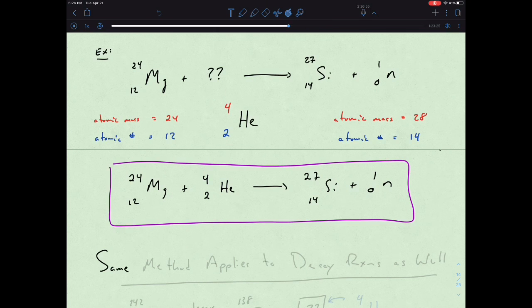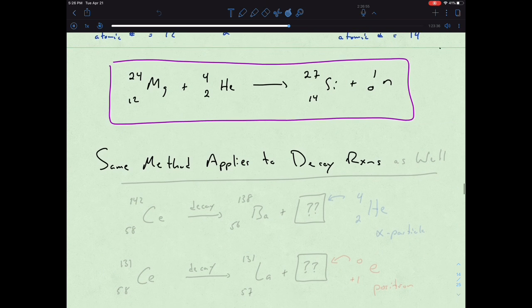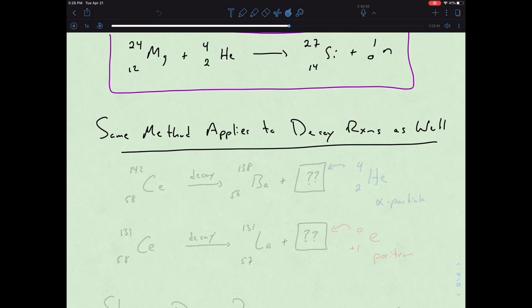The same method basically applies to decay reactions as well. And so a decay reaction, you're really just looking at one element turning into another element. So we had cesium-142, and it was turning into barium-138.